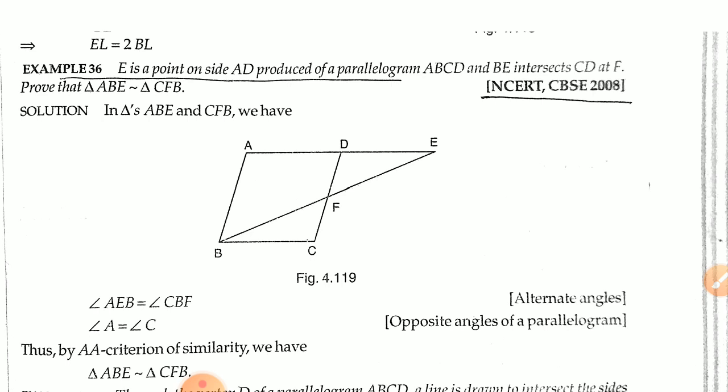Both the angles are alternate angles, and alternate angles are always equal.